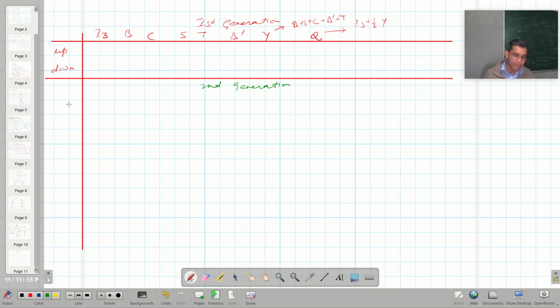And the third generation is basically top and bottom. So it is represented by U, D, C, S, T, and B. Let me draw.